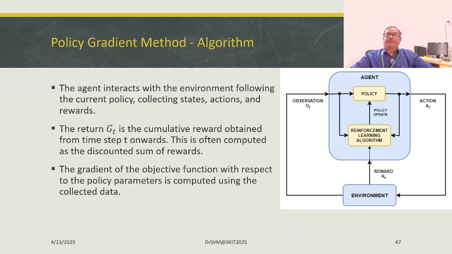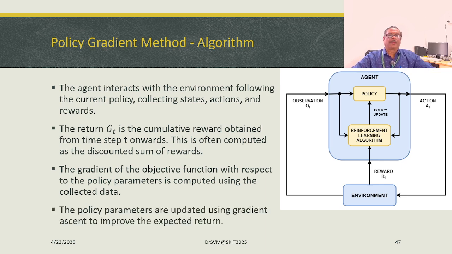Then the gradient of this objective function with respect to the policy parameters is computed using the collected data. And then the policy parameters are updated using gradient ascent to improve the expected return. So what is this gradient?